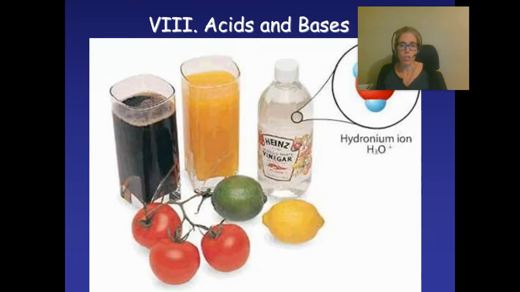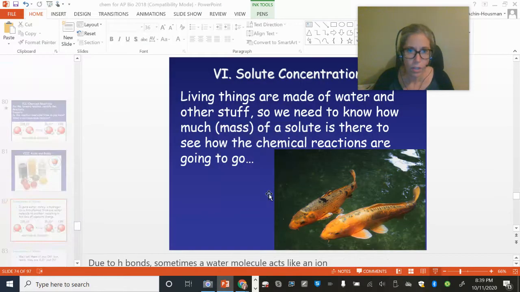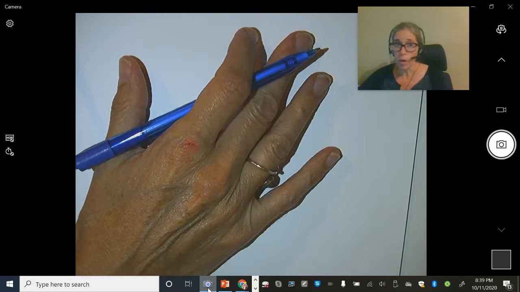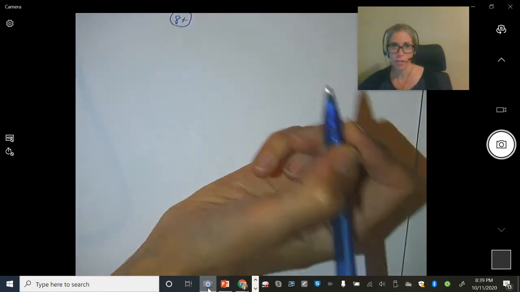All right, so I want to talk about acids and bases a little bit, but before I do that, we sort of need to talk about this picture. So let's draw that out a little bit, I think. Water. Remember, water is made out of oxygen and hydrogen, right?